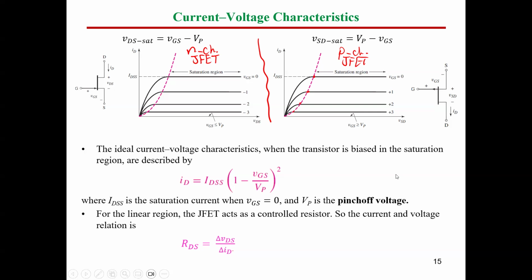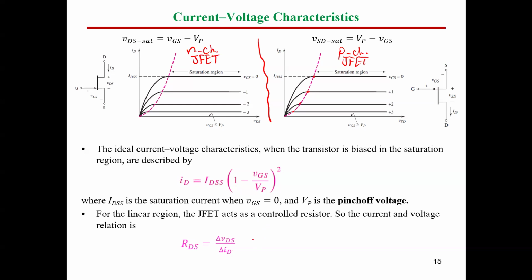Unfortunately, in the textbook, the relation of the linear region is not there, but just to declare it to you guys, it's a simple relation. He didn't mention this relation in the textbook because he considered it a linear relation, so it doesn't matter if he didn't mention it. But I like to make everything clear to you, since in MOSFET we discussed the different relations in linear mode and saturation mode.